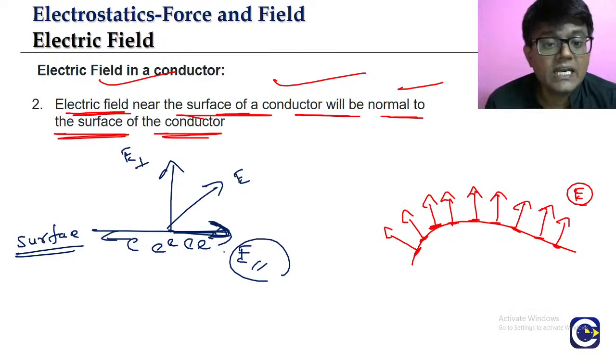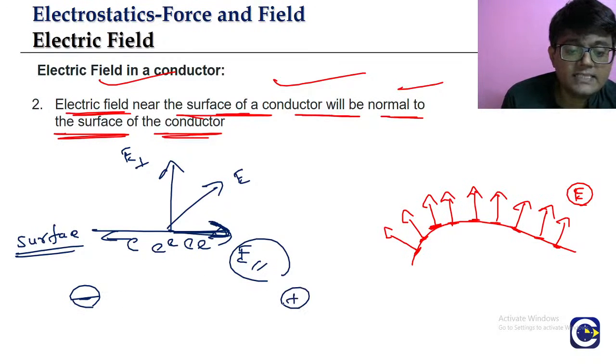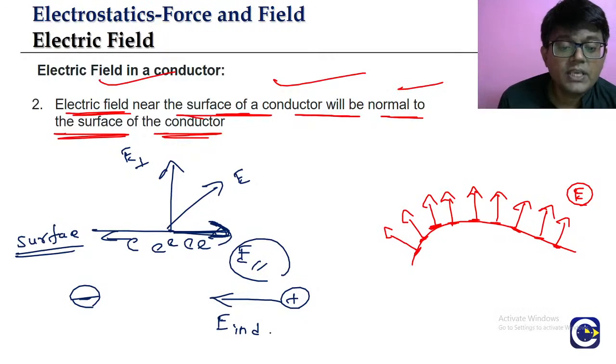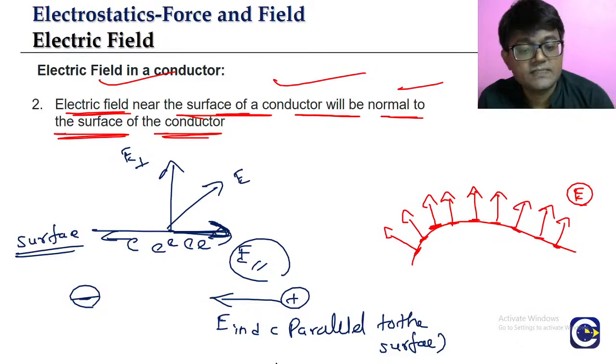They will move till the left side becomes totally negative and the right side becomes positive. So as a result, the induced electric field also will be parallel to the surface. The induced field also will be parallel to the surface.